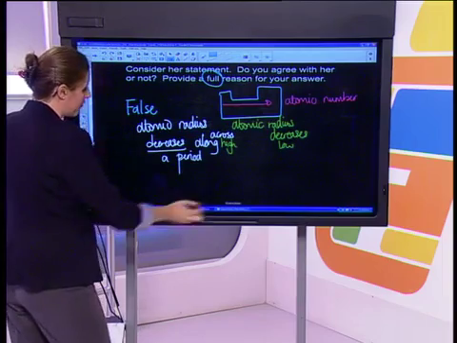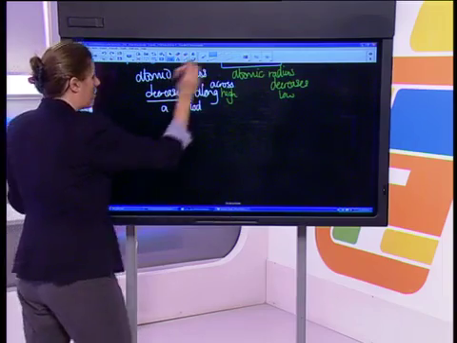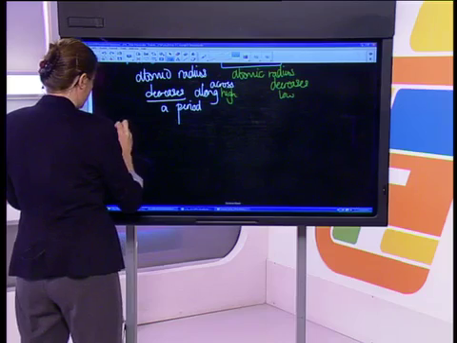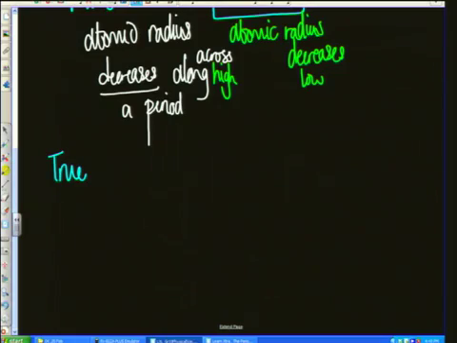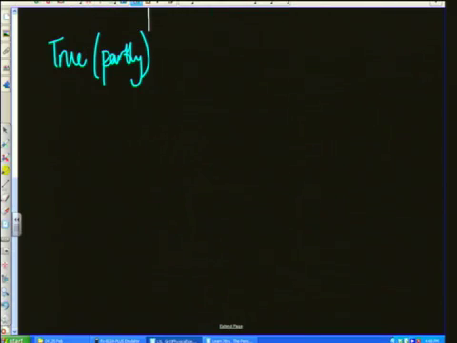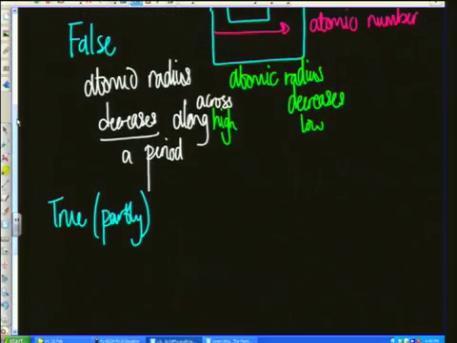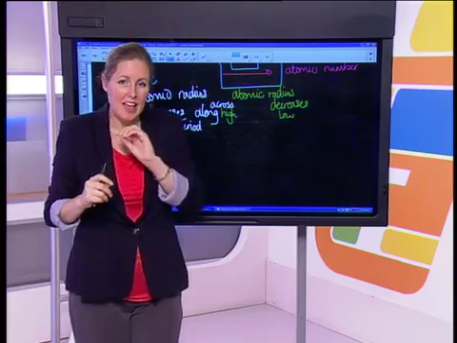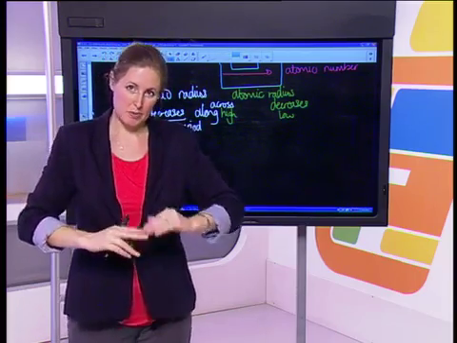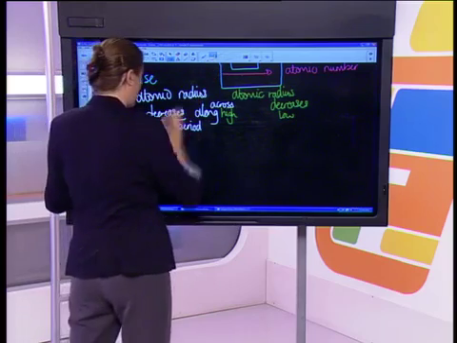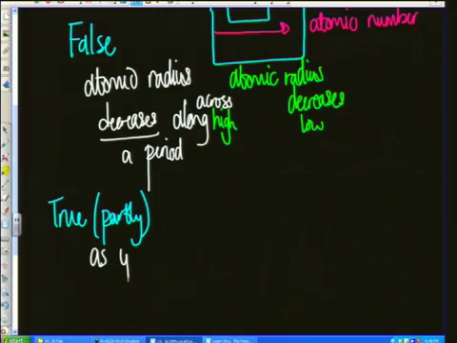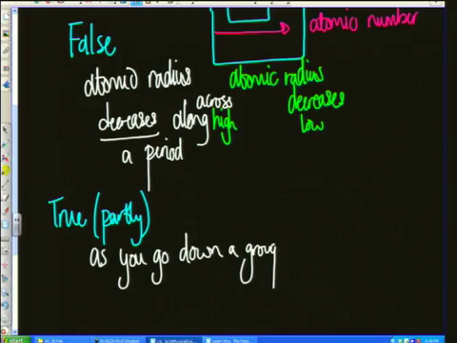So definitely we've got to disagree with her. But partly she is true. And I'm going to write here partly. Why? Because I don't want you to get contradiction. Remember, that's why I say we've got to have a full answer. As you go down a group, what do you notice?